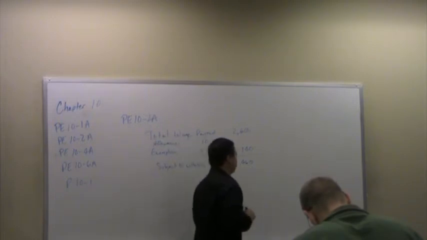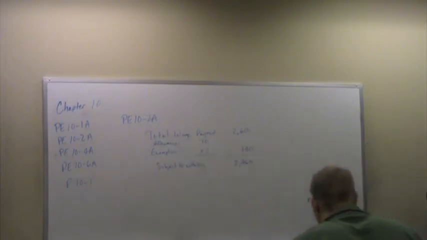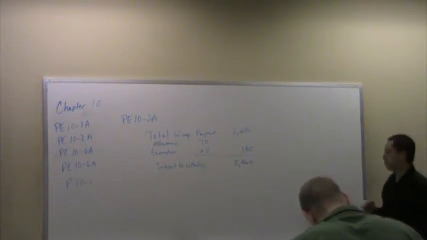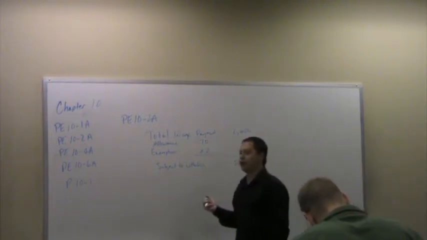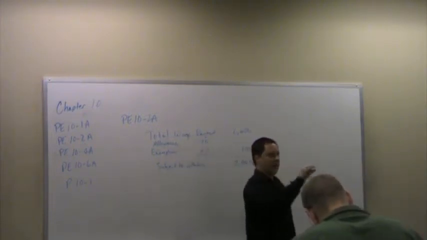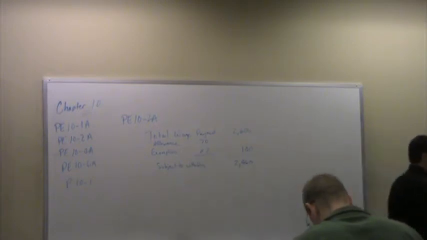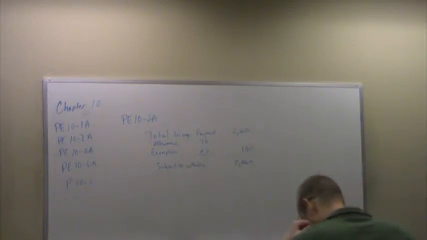Since that's subject to withholding, if you look on page 455, you can figure out everything. You'll see a portion there, highlighted, that says if they fall into this but not over this, they hit this much.